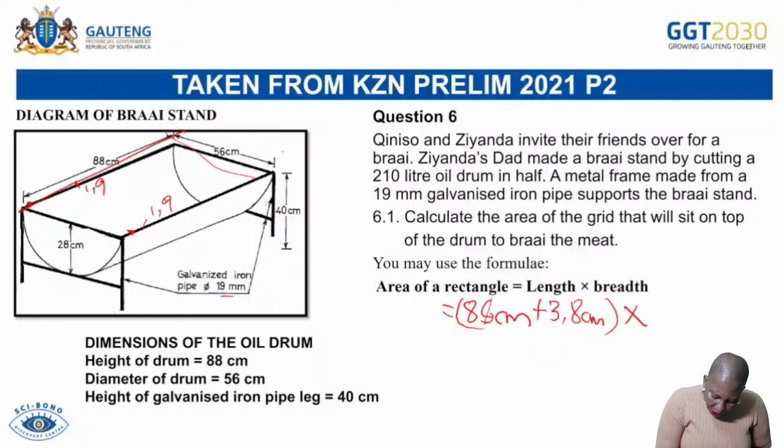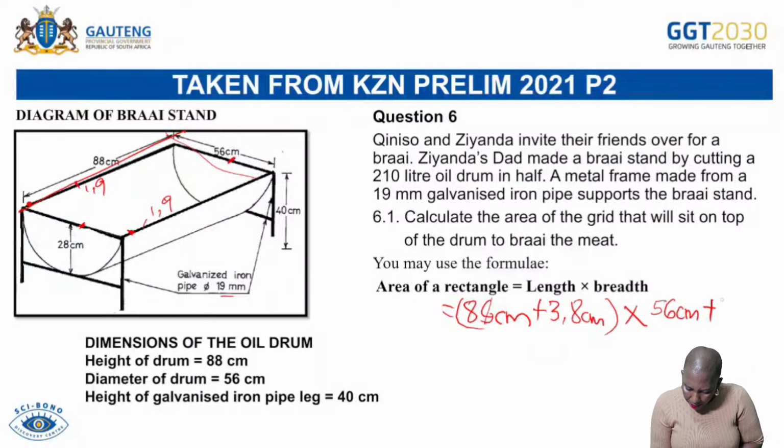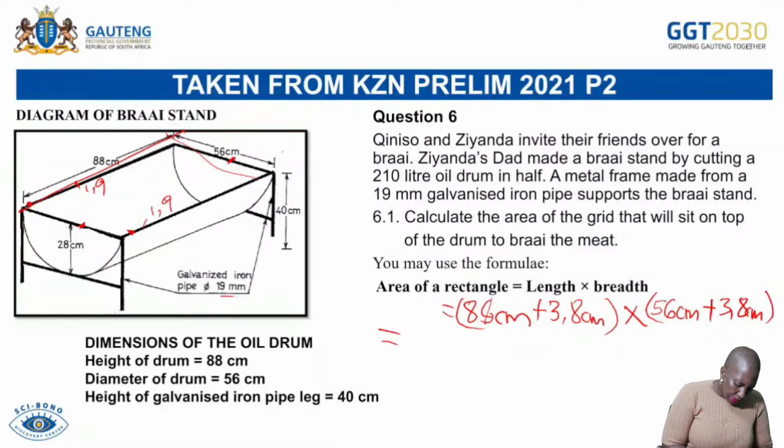Same applies with the breadth. The breadth, it is 56 centimeters. And then we have to add what? We have to add the 3,8 because it's the same 3,8. They are using the same pipe. 3,8 centimeters. So our area will be 88 plus 3,8.